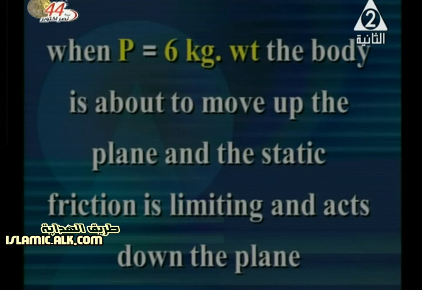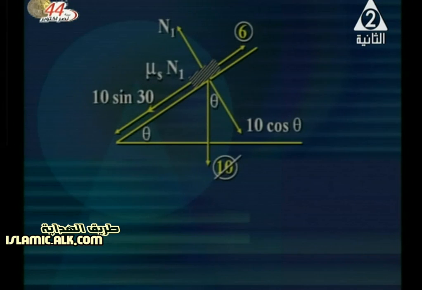Because, dear student, the body moves up, so the static friction is limiting, and acts down the plane. The body's weight is 10. We resolve 10 into 10 cosine theta and 10 sine theta.